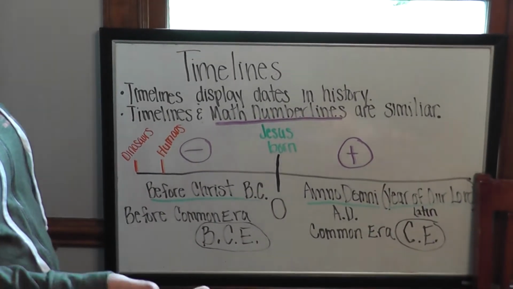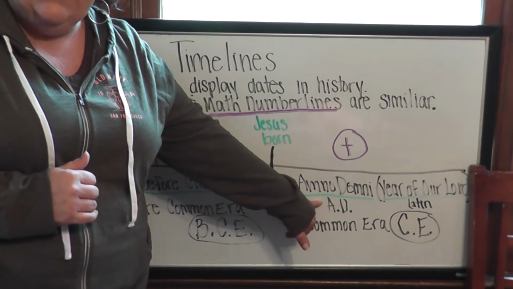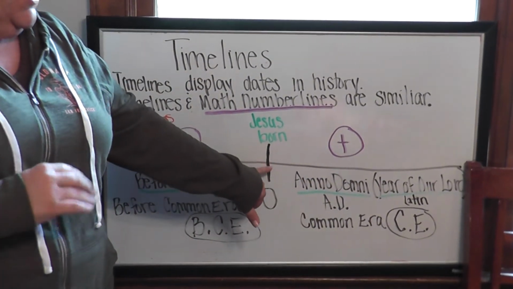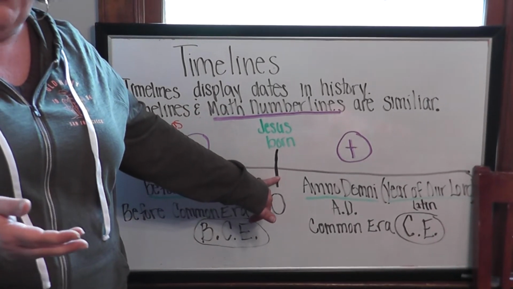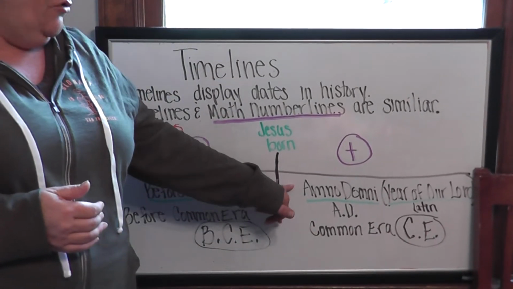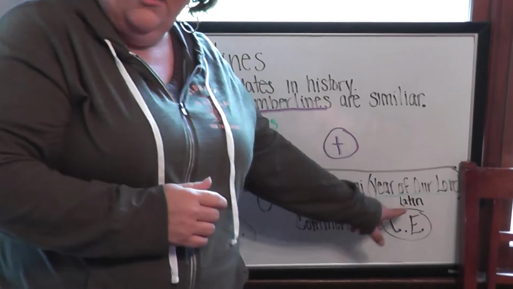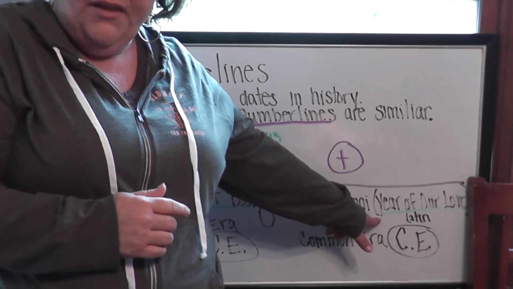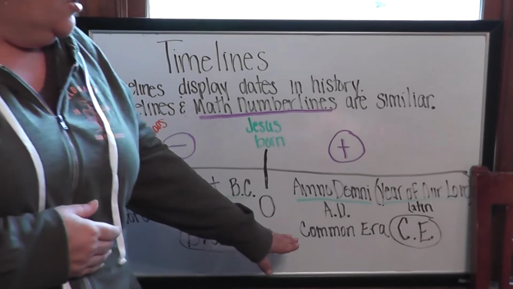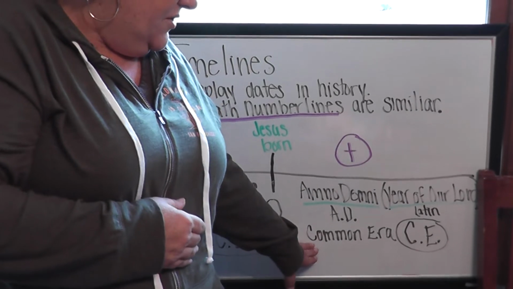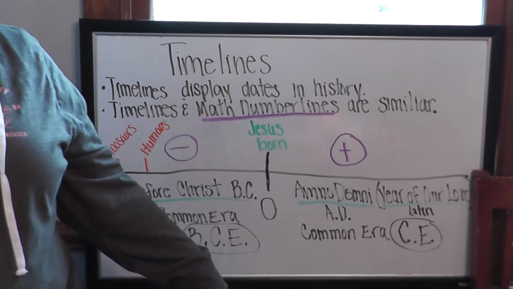On the opposite side of 0 is considered AD. And please excuse my spelling and my pronunciation, but AD stands for Anno Domini, which is year of our Lord. That's in Latin. But again, not everybody believes in Jesus. So nowadays we use the word Common Era, CE.